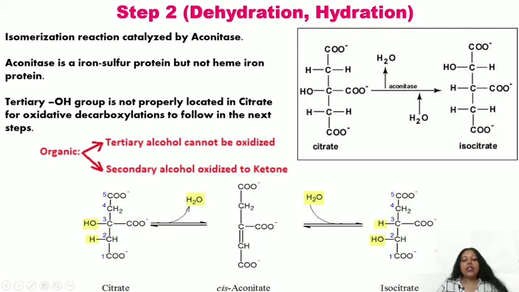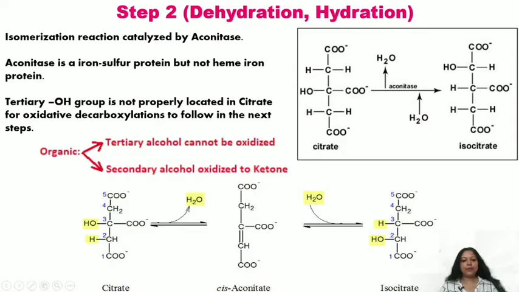Okay. So the detailed mechanism of this reaction is written below on the bottom of the slide, in which formation of isocitrate from citrate takes place via formation of cis aconitate, a reaction intermediate.